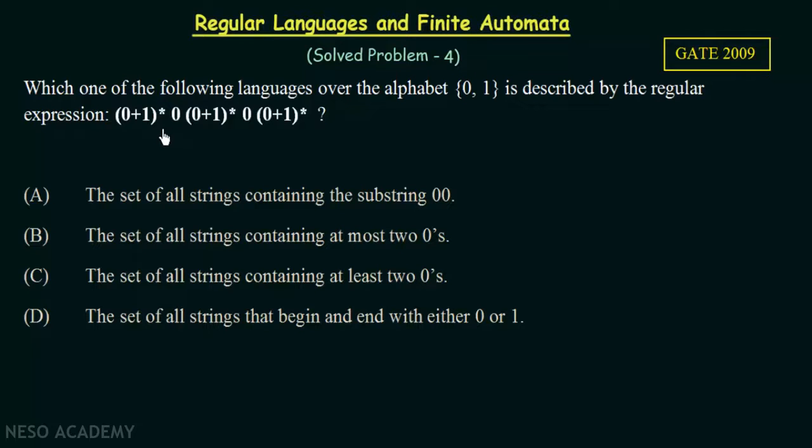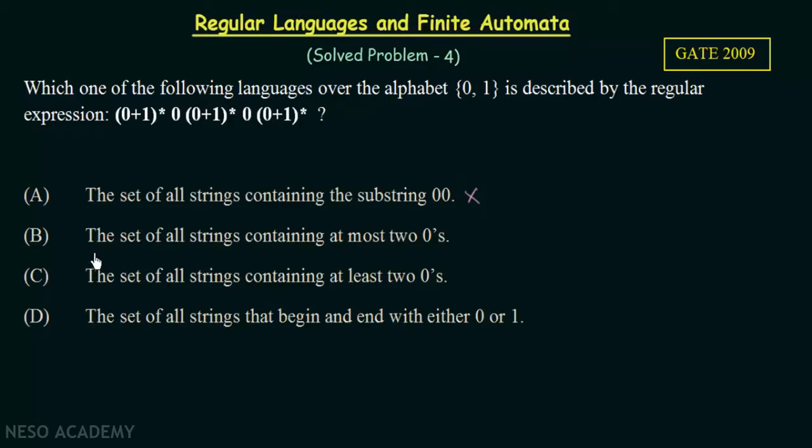But it can also contain other substrings. Like for example, if you get 1 over here, then you get 10. So there are many other substrings that can be formed apart from 00 as well. So option A is not correct. It is not the set of all strings containing only the substring 00, but it can also contain other substrings. So option A is out of our consideration.